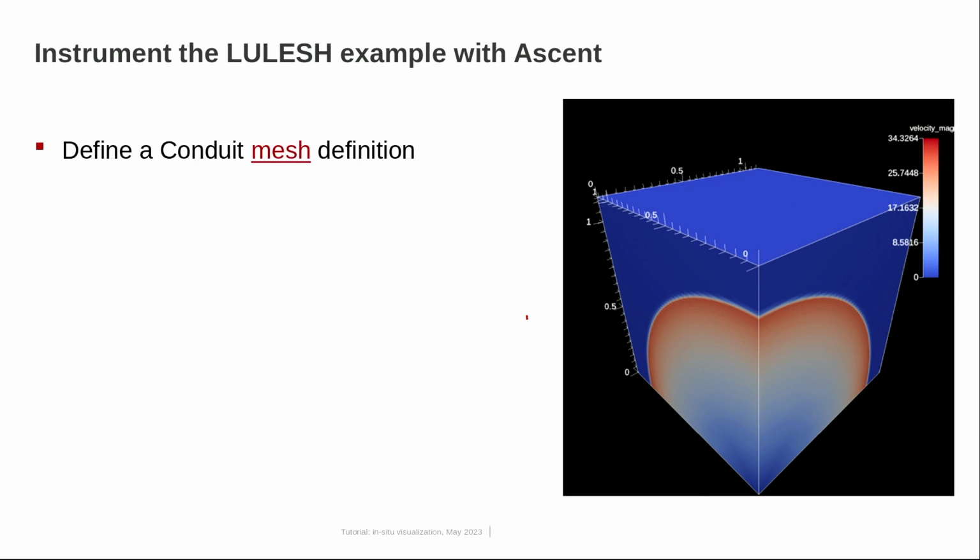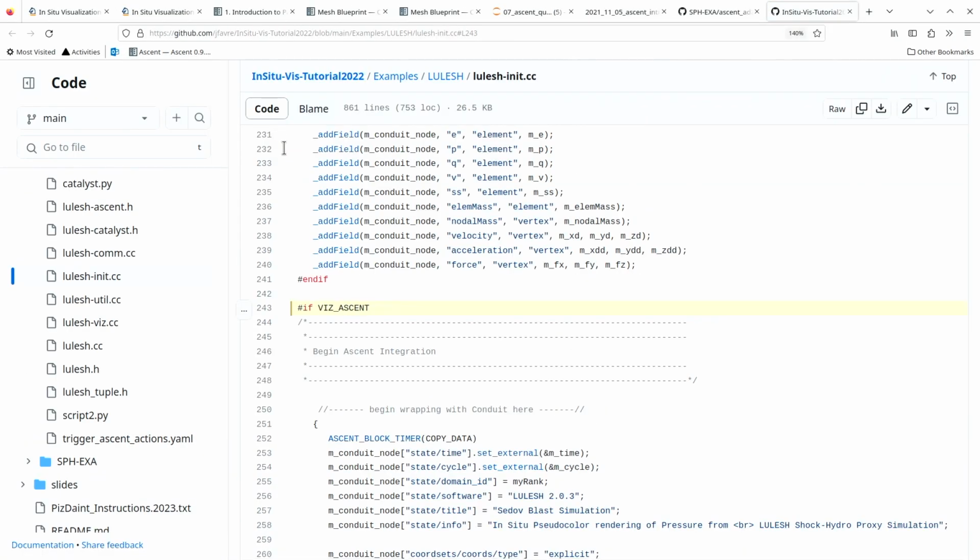Lulesh is another demonstration code where you can look in detail at the mesh definition and the scene definition. It's a hydrodynamics code running in parallel. This is one screenshot, which represents the velocity magnitude. This is a shock wave expanding from the corner of this grid out into the grid. Here again, if we look at the mesh definition or the scene definition, we can see things that are completely familiar.